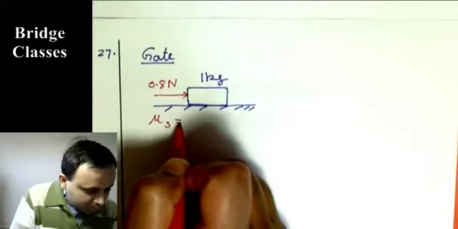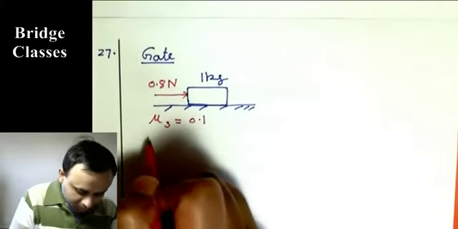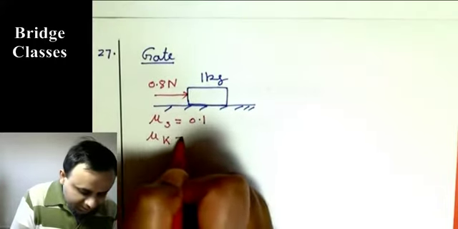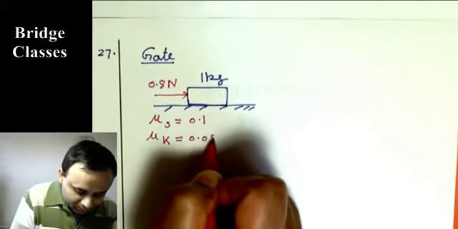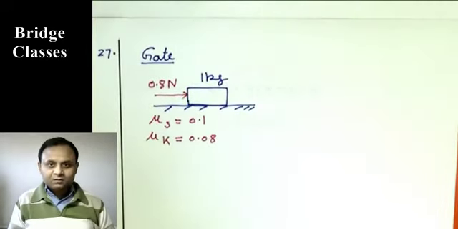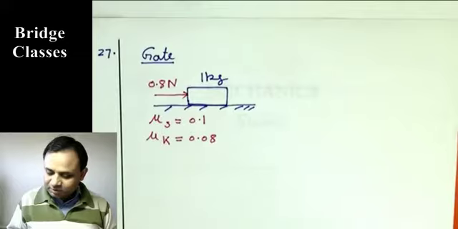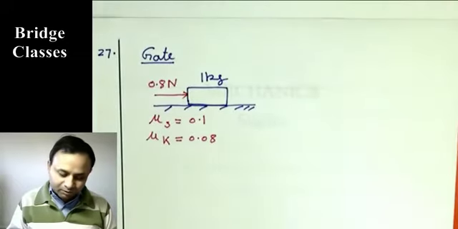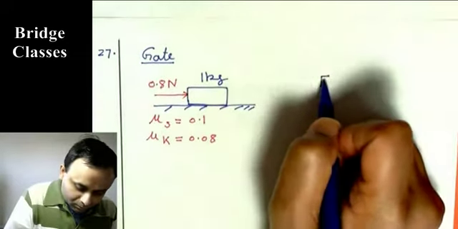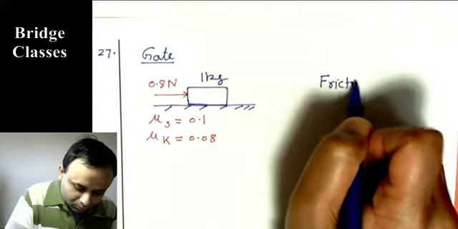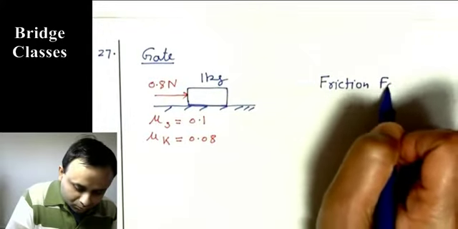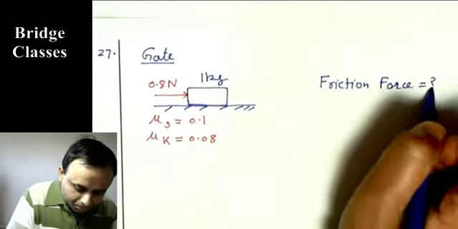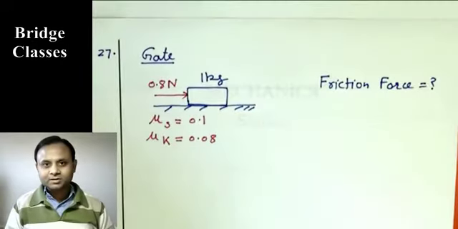We are given mu s is 0.1, mu k is also given, say, 0.08. We have to tell how much is the frictional force on the body.